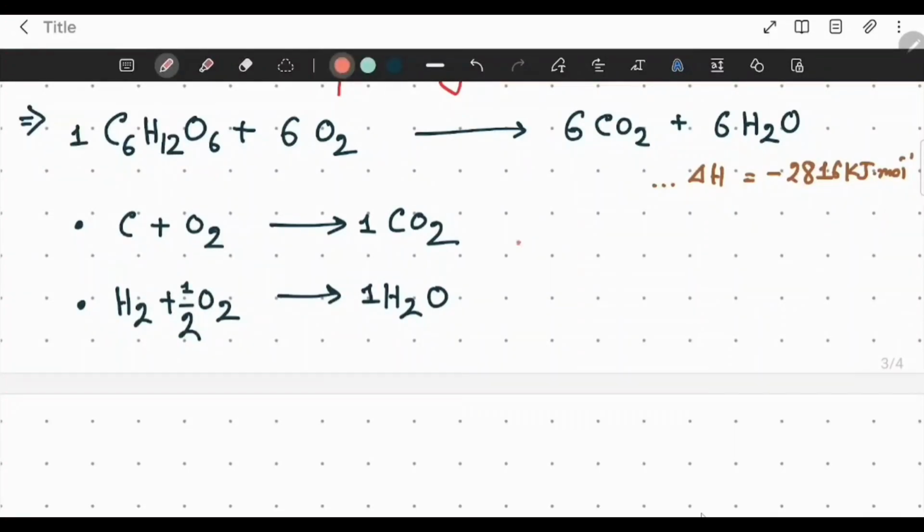So this is del H formation for CO2, which is already given as, what is the value?